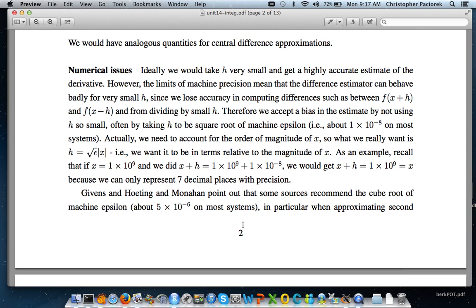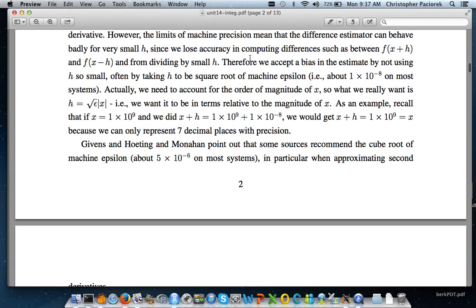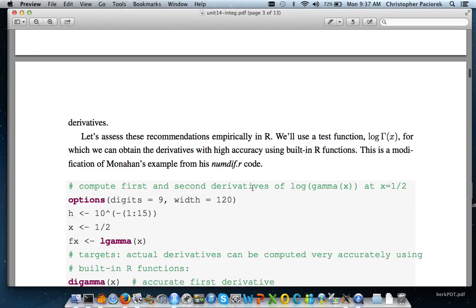But when estimating second derivatives, others suggest using the cube root of machine epsilon instead of the square root. So the relative size of h should be roughly around either the square root or the cube root of machine epsilon.